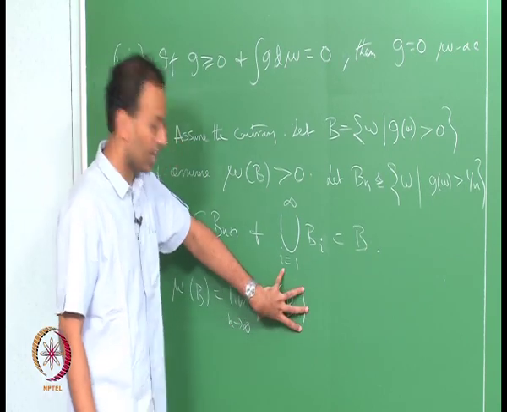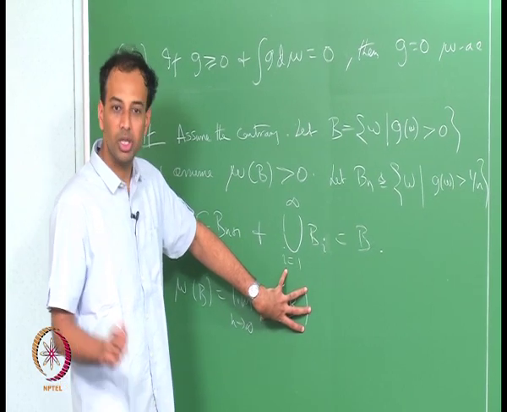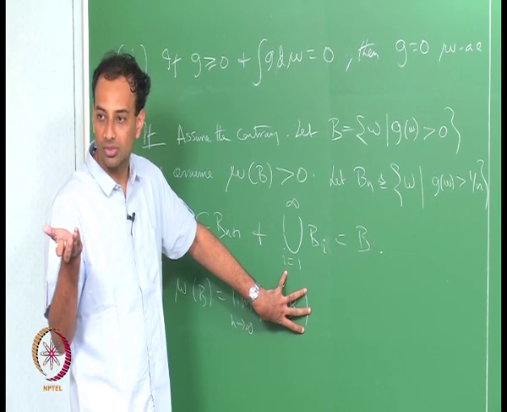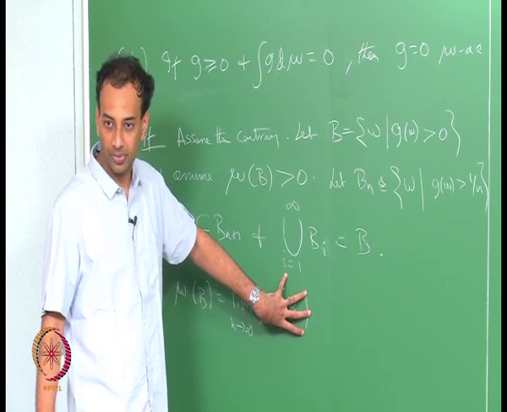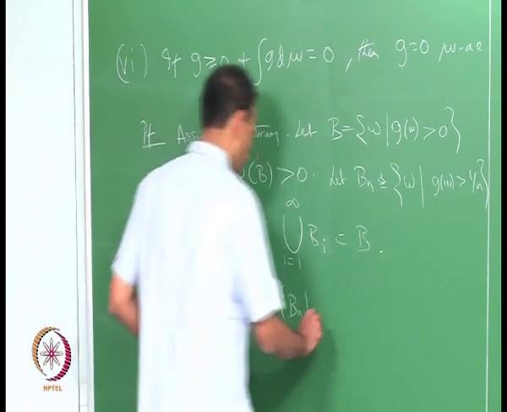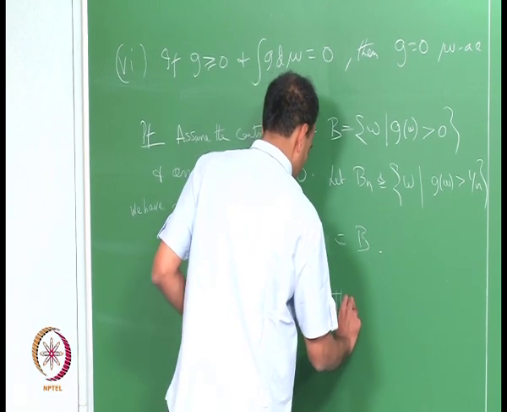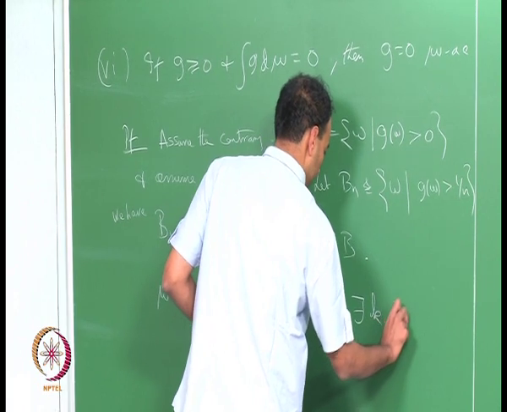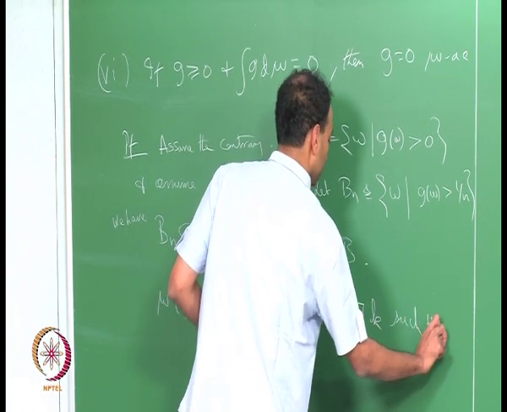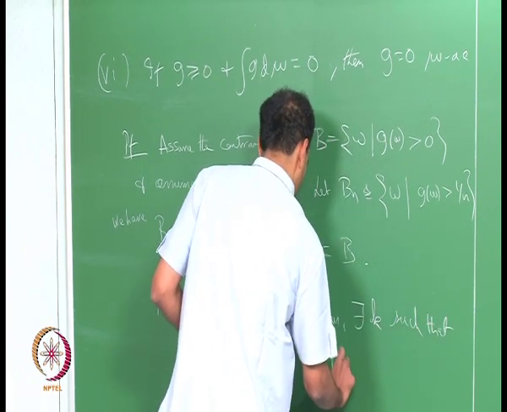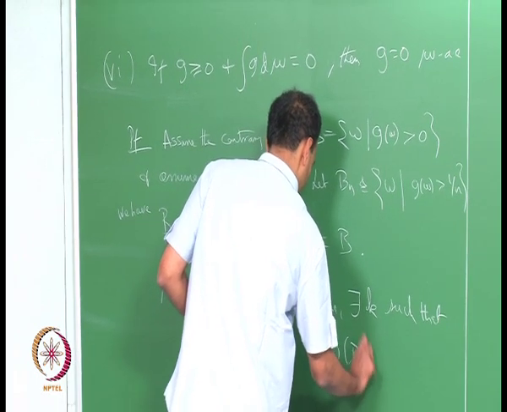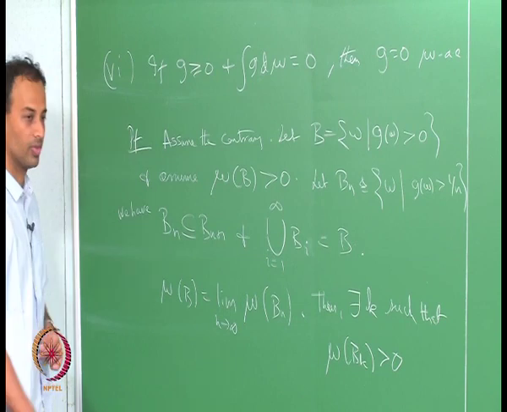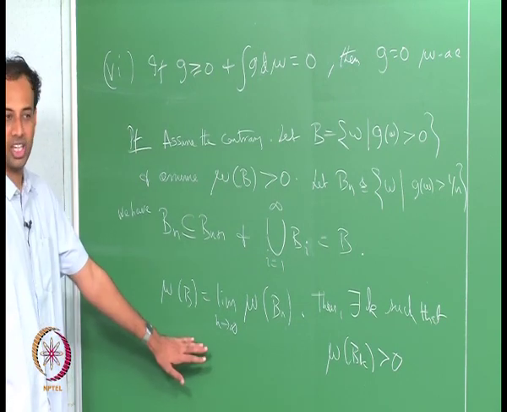So, the sequence must be positive for all n greater than some n naught, correct, agreed. So, actually all we need is that there exists k such that mu B k is strictly positive, right. This has to be the case.